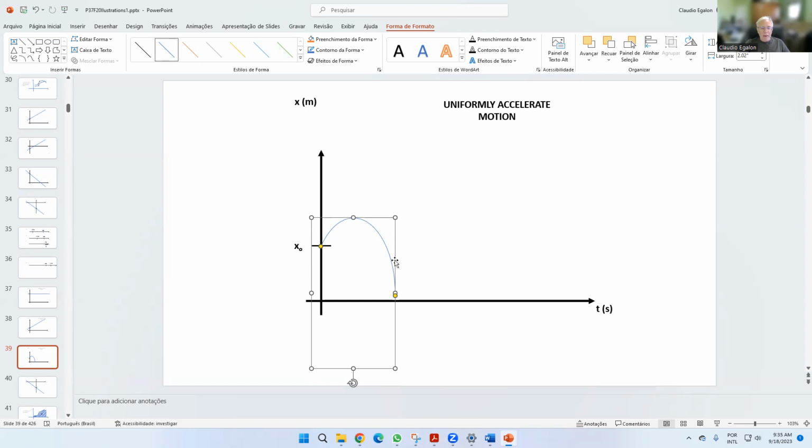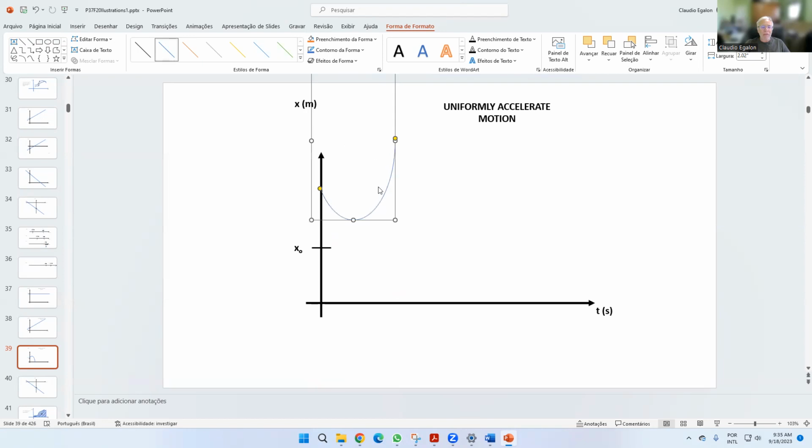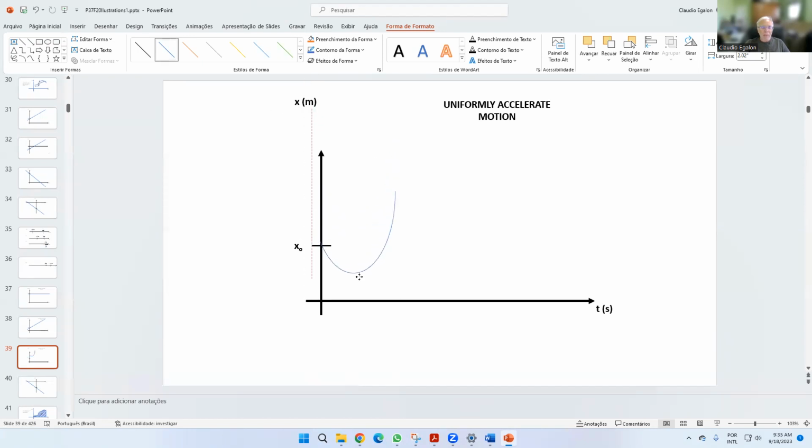But the acceleration in this case is negative, because the concavity of the parabola is downwards. If I want a positive acceleration, I have to switch the parabola back. But if I want a positive initial velocity, it should be something like that.